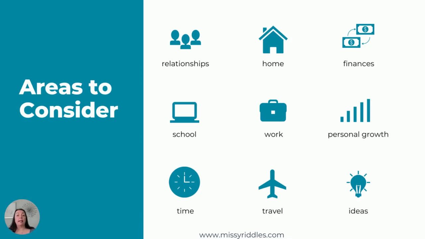Do you have home goals? Do you have finance goals? Do you have school or work goals? Some personal growth goals, which I highly suggest, being a personal development strategist. Maybe you have some travel goals, or maybe you have some ideas that you want to turn into fruition. And so you put those on your vision board.